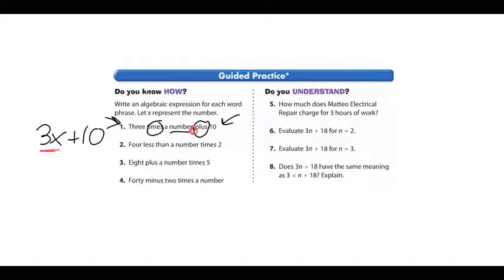Let's look at number 2 now. It says, 4 less than a number, times 2. That makes a difference. So I know it's subtraction and multiplication. So 4 less than a number times 2. Since it says 4 less than a number, I can just go ahead and write subtract 4, because I know it's less than a number.